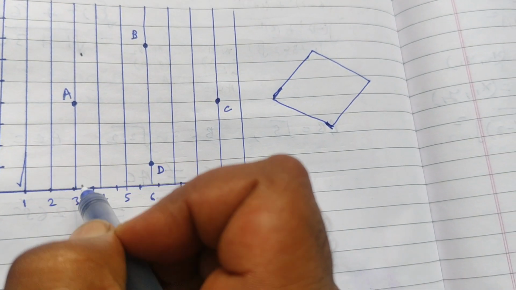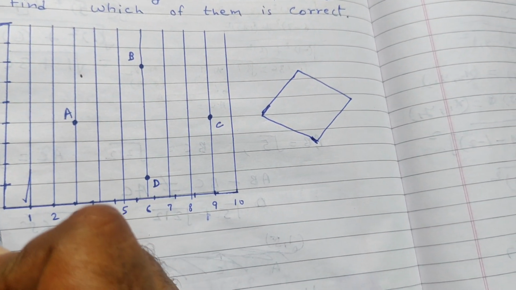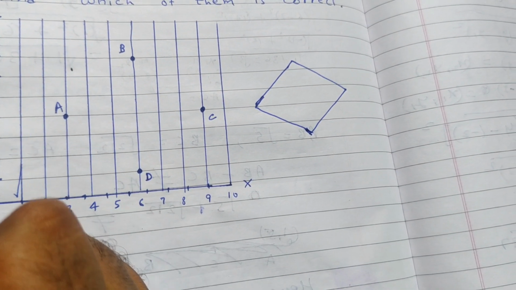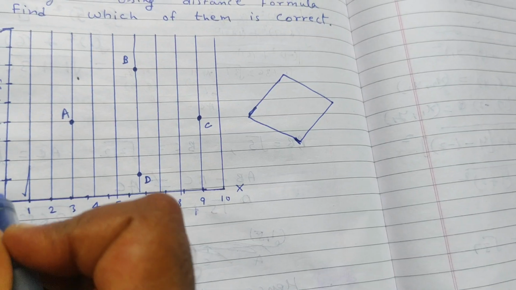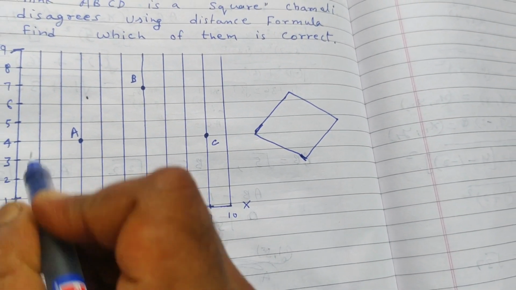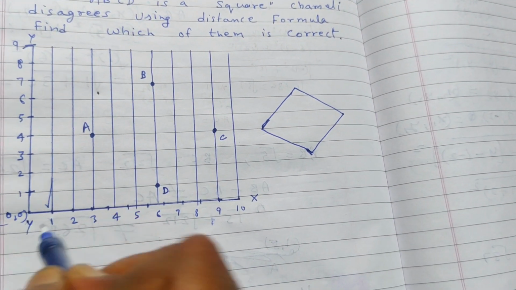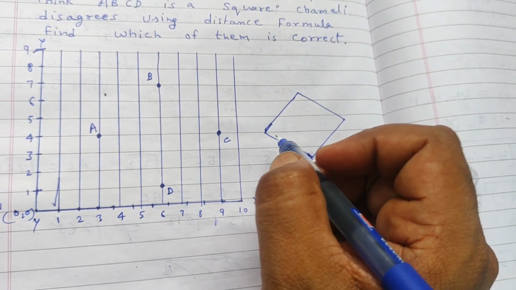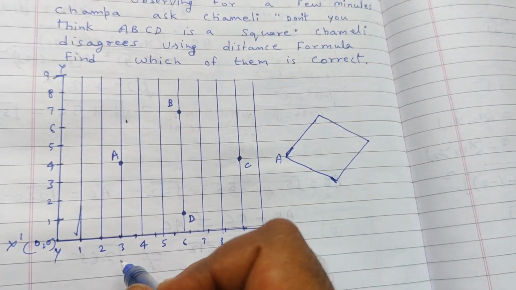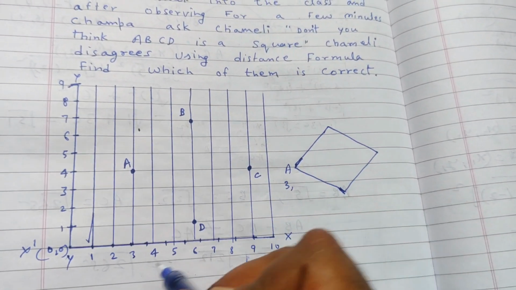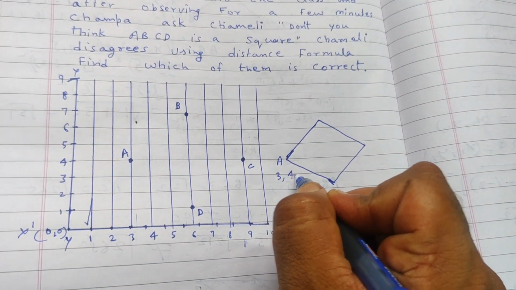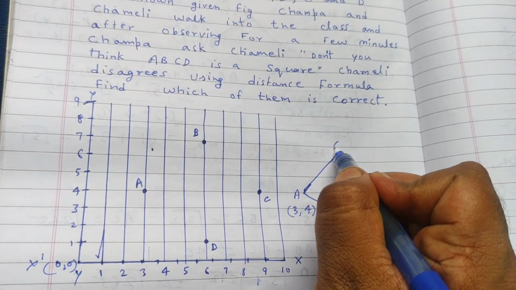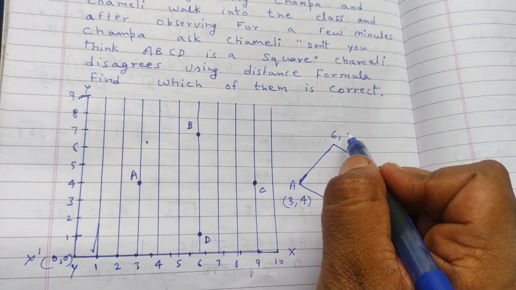A points. A, this is the X and Y axis. So A point is (3, 4). B point is (6, 7).